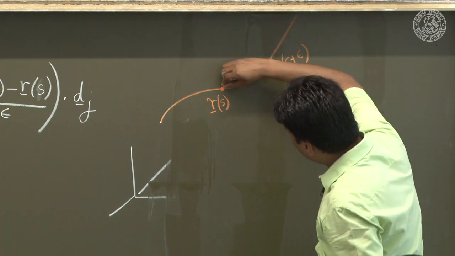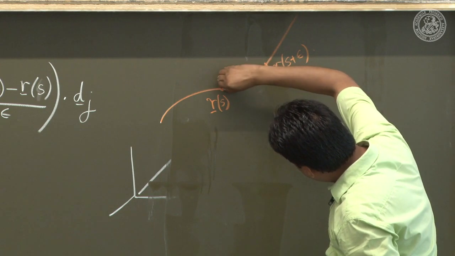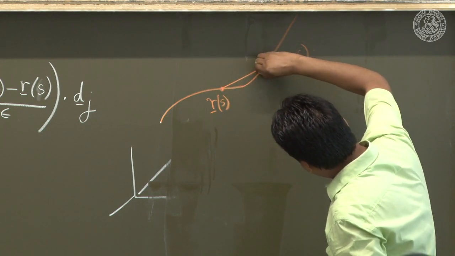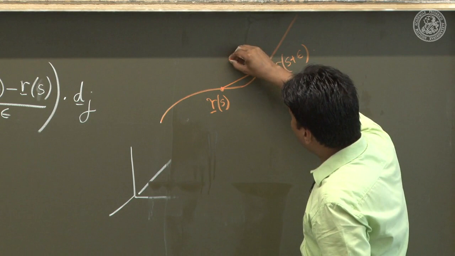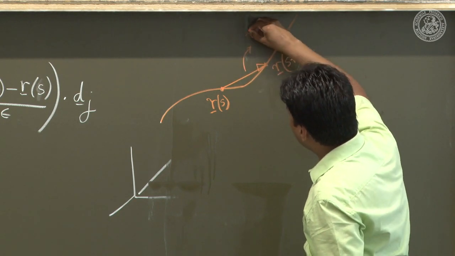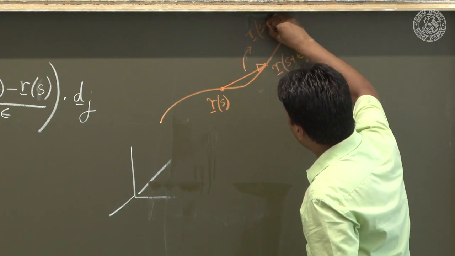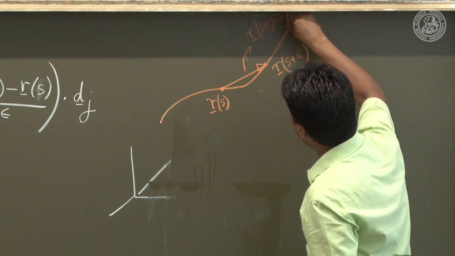And this difference is small r of s plus epsilon minus small r of s.